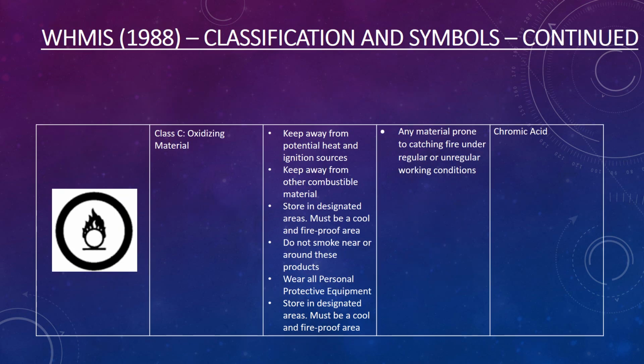WHMIS 1988, Classification and Symbols, continued. Class C, oxidizing material. Keep away from potential heat and ignition sources. Keep away from other combustible material. Store in designated areas. Must be a cool and fireproof area.